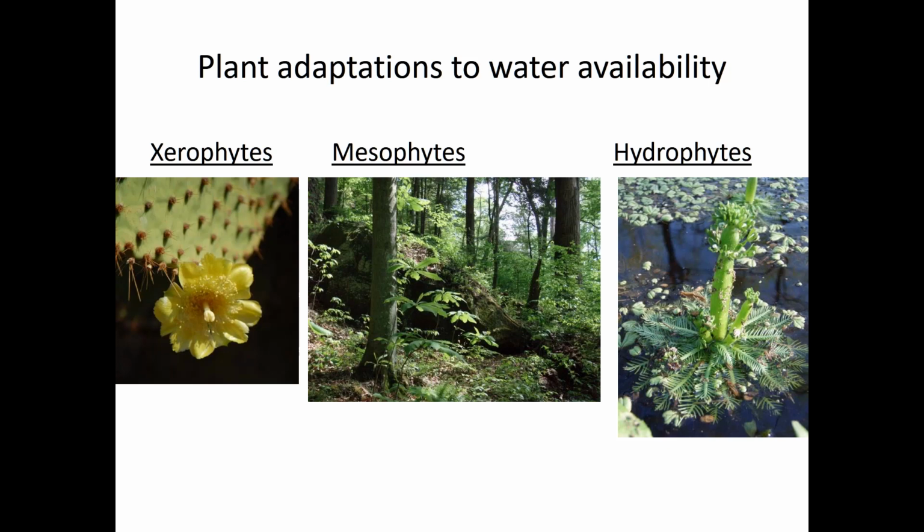If we look at more of a broader picture, we can categorize water regimes and water availability into three different kinds of categories. And for those different categories, there are plants that are adapted to those different water availability conditions.